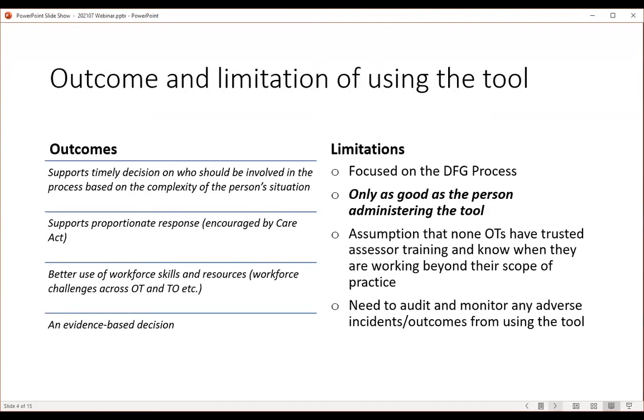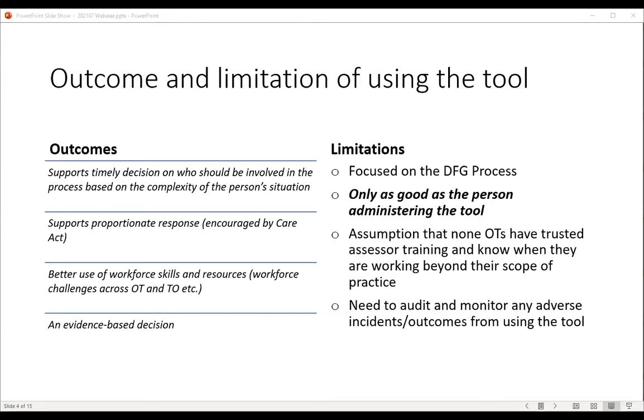So what we want the outcome of the triage tool to be is to support a timely decision on who should be involved in the process, based on the complexity of the person's situation. We also want it to support the ethos of the Care Act, which is about a proportionate response.